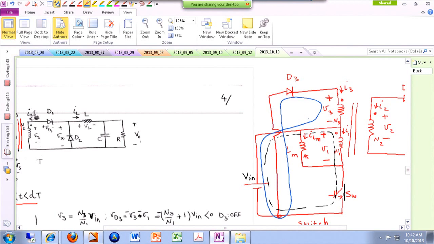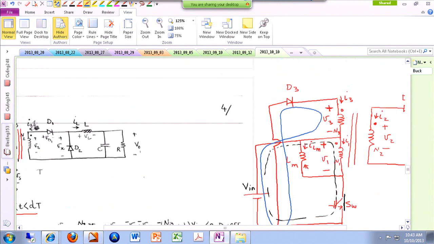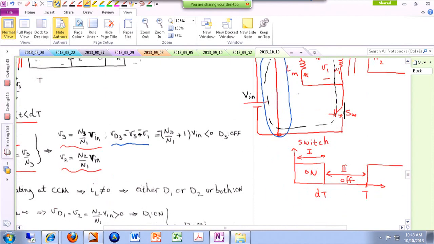If you apply KVL, you are going to realize the voltage drop across the diode is negative V3 and negative V1, with this polarity. So instantly you can argue that as soon as I turn the switch on, D3 is off. Very good, that is one conclusion. D3 is definitely off.